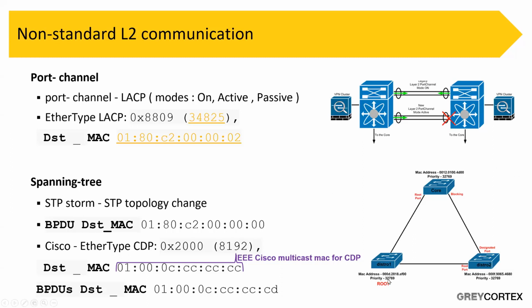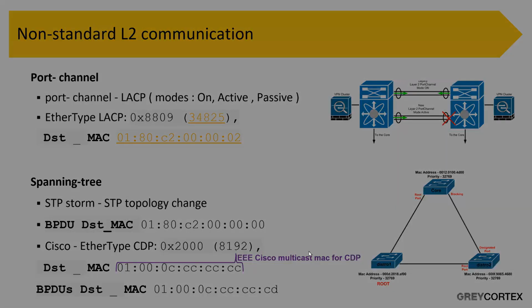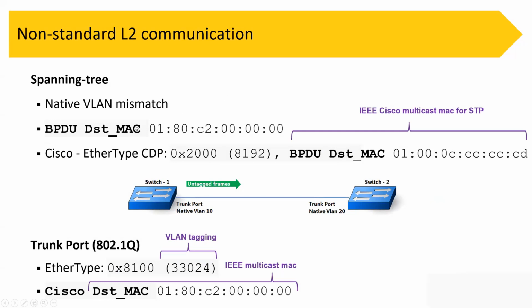In this example, I also show a specific MAC address for CDP, Cisco Discovery Protocol, to discover neighbors. For the spanning tree protocol, as I already told you, CD is the MAC address. The Ether type is 8192, and we have to take care, if you are using STP also on VLANs, that it's configured right so that there is no VLAN mismatch.